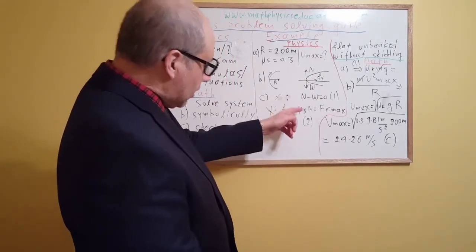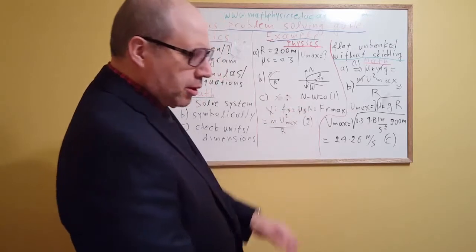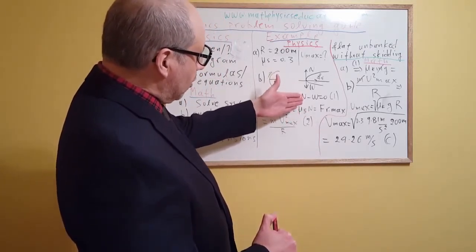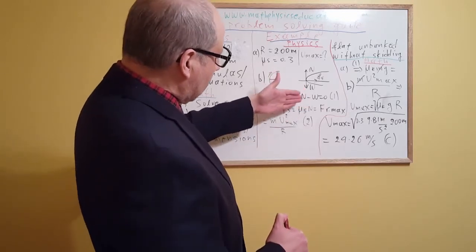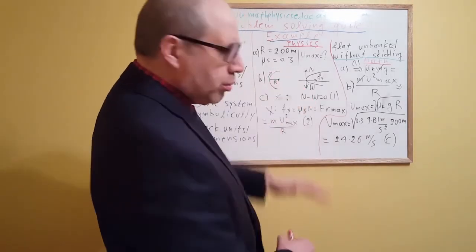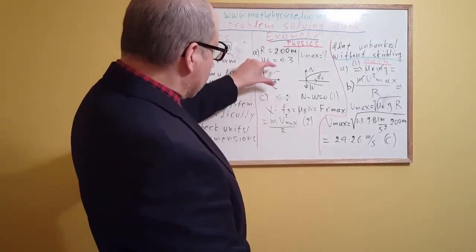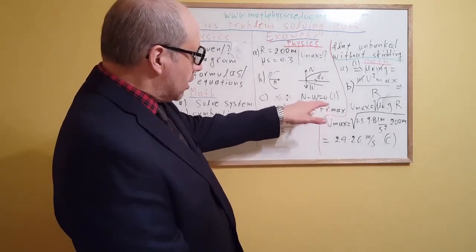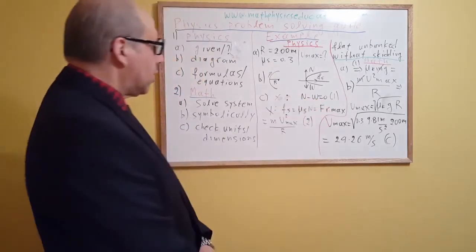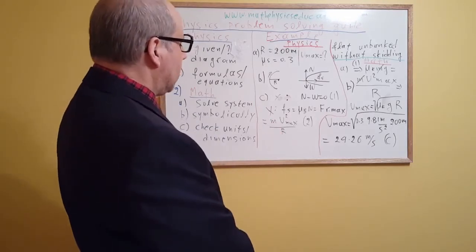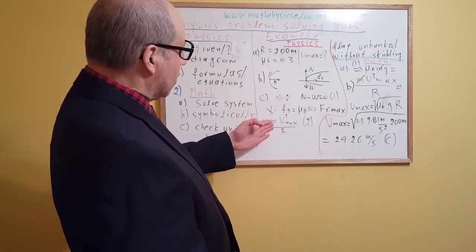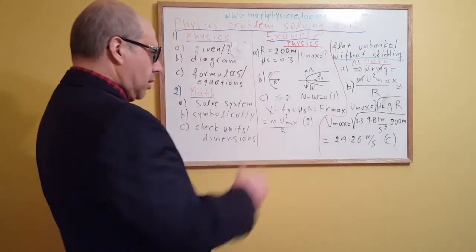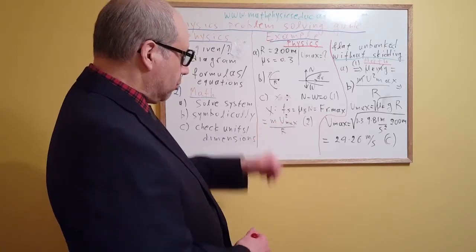Actually, this has to be the maximum, because for any value less than this, the car will be able to do the circular path. So this is the maximum centripetal force, and of course the centripetal force is equal to mv square over r, and since we're talking about the maximum, this should be v max.